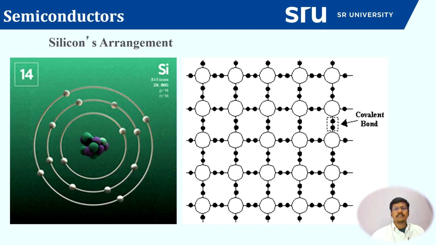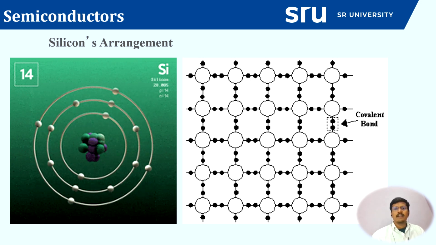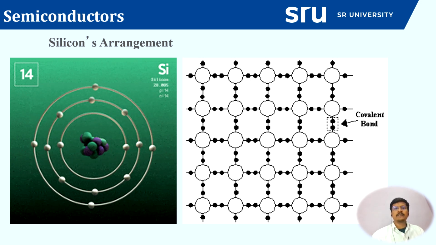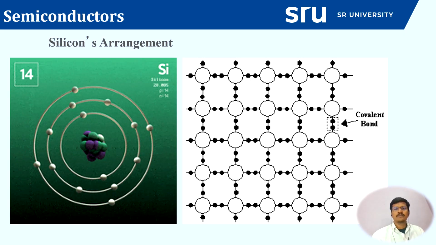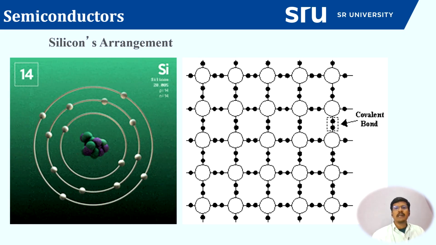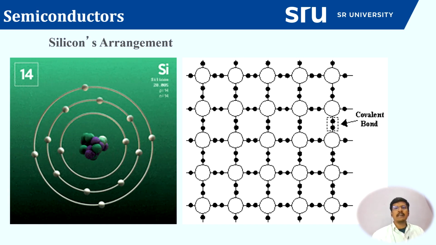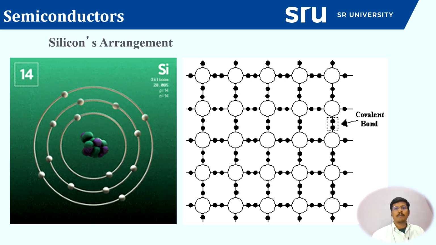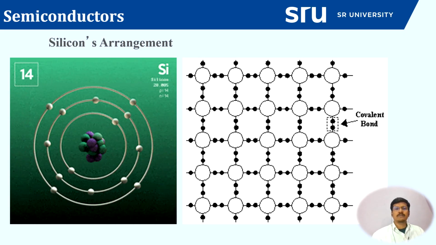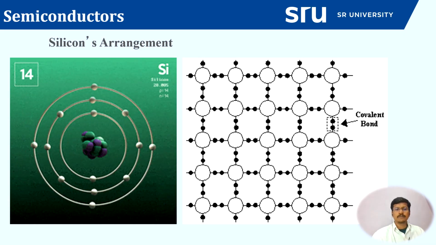In the next slide, we will see how adding specific impurities transforms the pure silicon into different types of semiconductors and how it enables the practical electronic devices that we'll discuss.